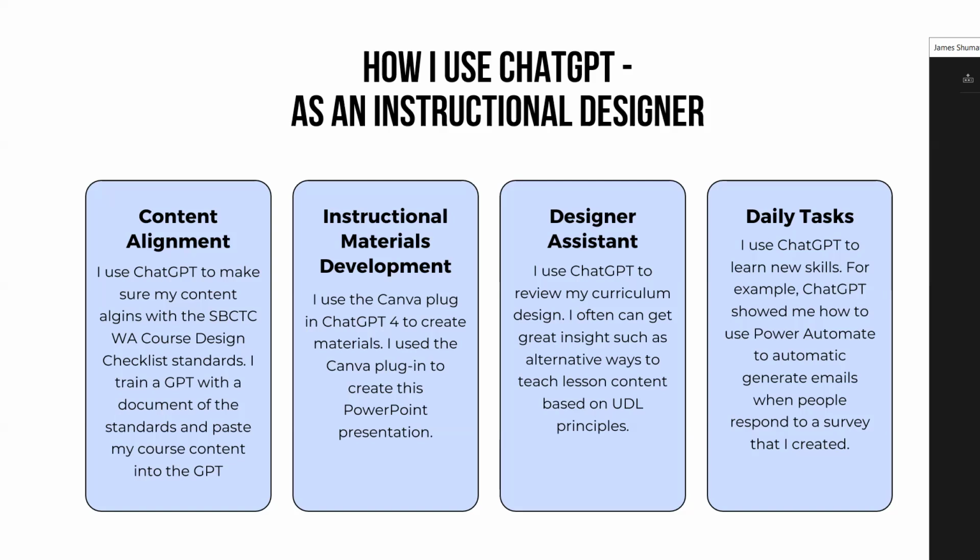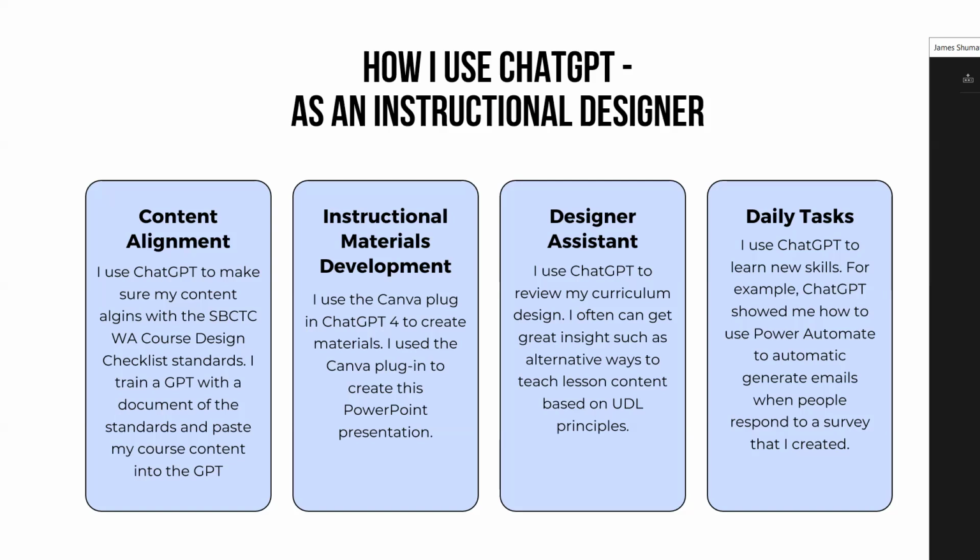One of the really important things that we do as instructional designers is we need to make sure that our content aligns with standards and expectations for our course. So with content alignment, I use ChatGPT to make sure my content aligns with things like the SBCTC Washington course design standards. I use it to make sure that my course content follows accessibility standards, and it can actually be trained to follow any standards that I choose.